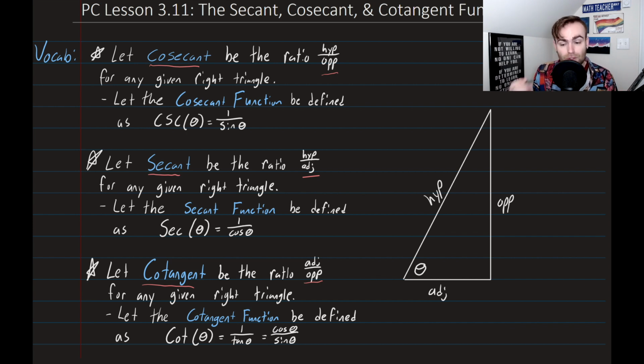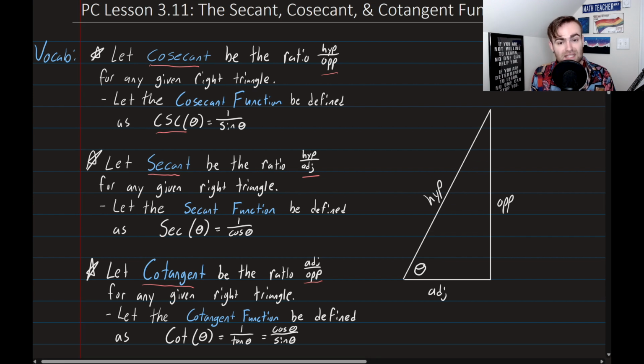But for now, cosecant, abbreviated CSC, is the reciprocal of sine. Secant, abbreviated SEC, is the reciprocal of cosine, and cotangent, noted as COT, is the reciprocal of tangent, which also means that it can be defined as cosine over sine.